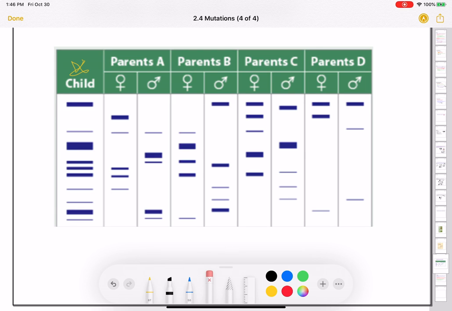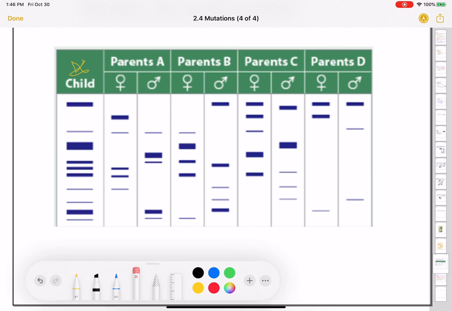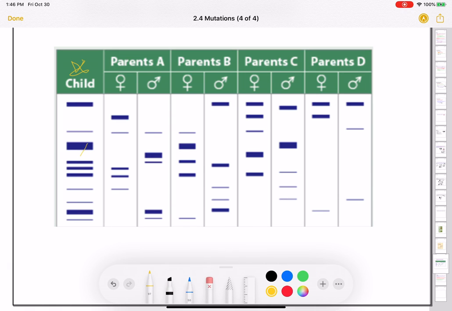All of the other sets of parents have that band, so we would need to look. One that really sticks out to me is this band. So if we look, this parent has that band. But I guess so does this parent. So maybe not. We can look for some other bands.